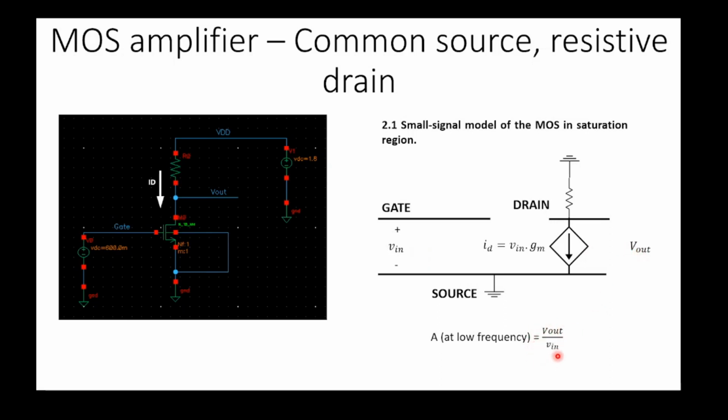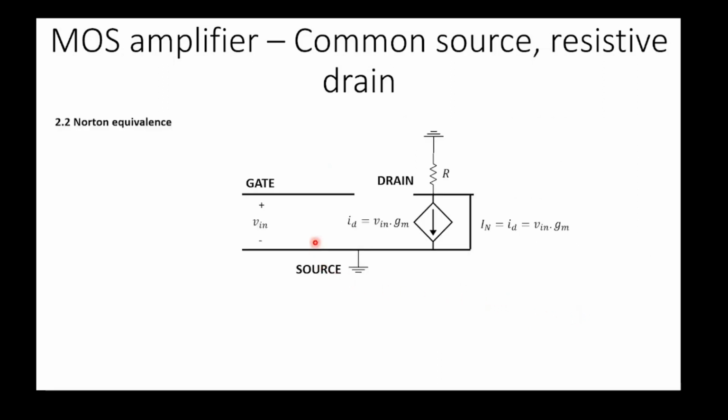So we need to find this ratio, and in order to find it, we need to use the Norton equivalence. These are the Norton equivalence steps. The first step is to determine the IN. To determine the IN, we need to short the output, and when we short the output and look into the circuit, we can see that the drain current over here will just circulate over there.